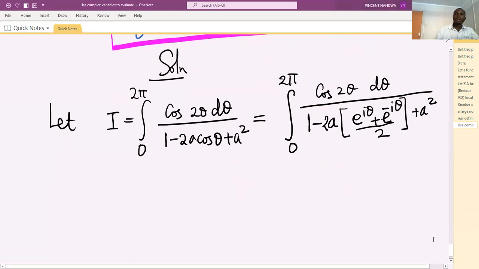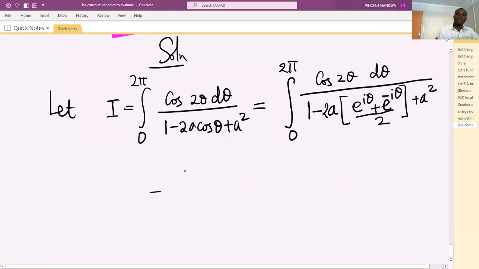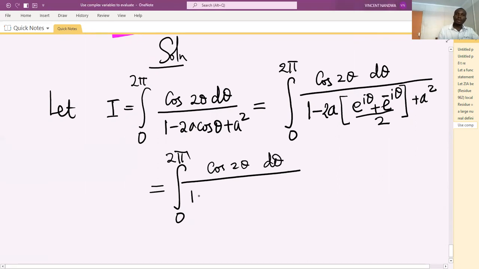So these two cancel out, and we'll have a into e^(i theta) plus e^(-i theta), plus a squared.